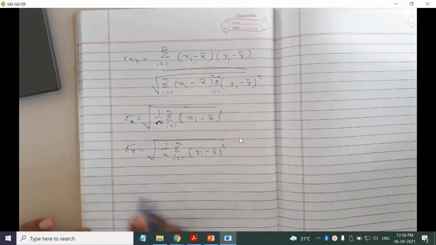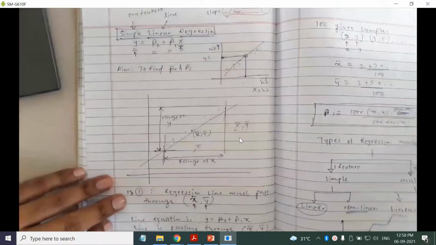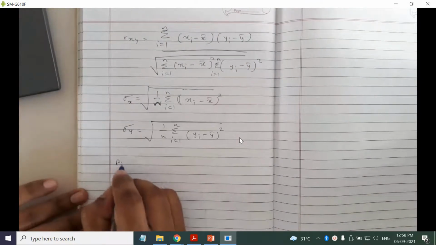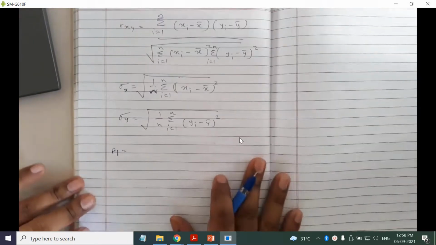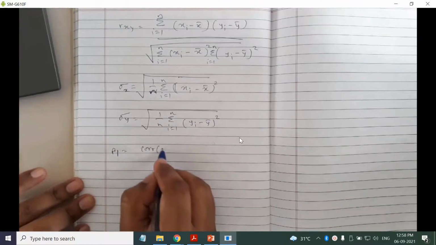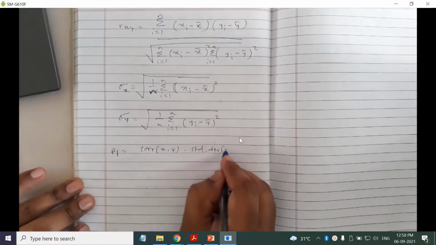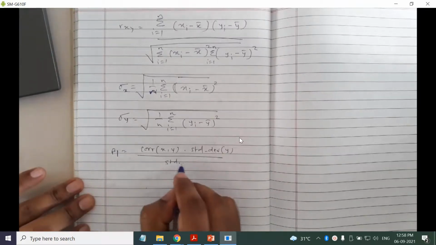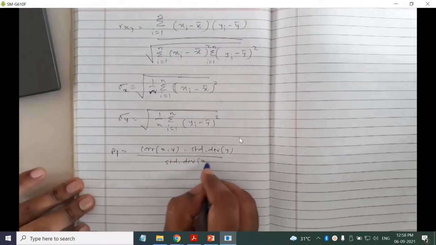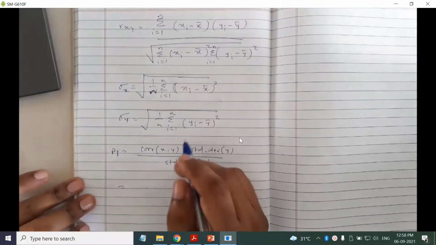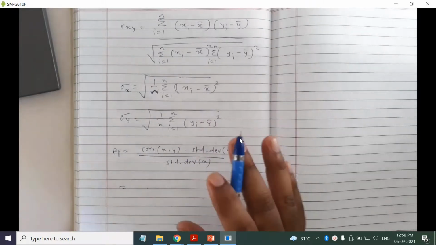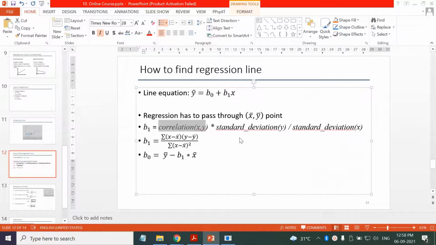Now the formula of beta 1 is correlation of x comma y into standard deviation of y divided by standard deviation of x. If you put the values and simplify the equation, you get this formula of beta 1. Some terms will cancel out and you get this simplified formula for beta 1.